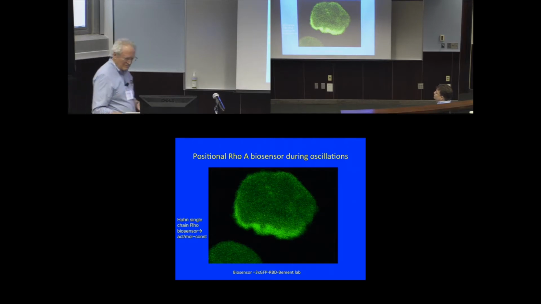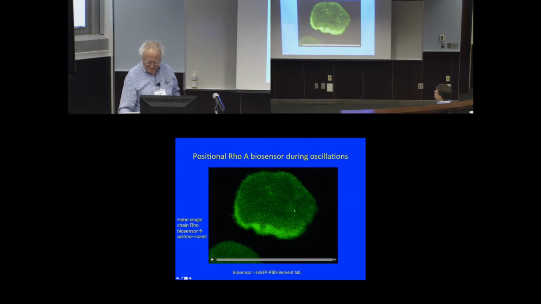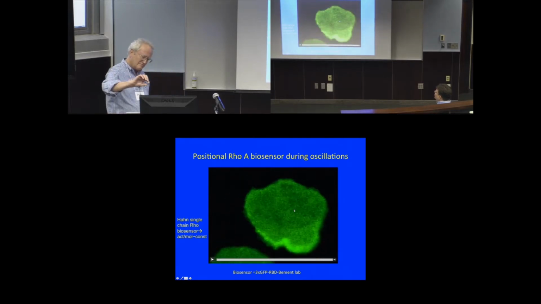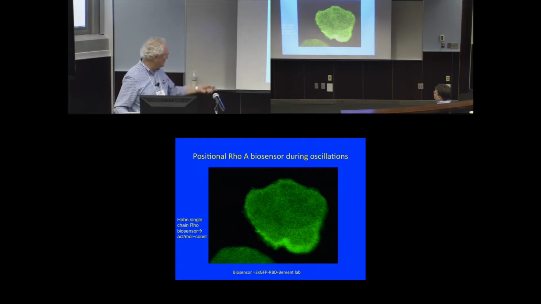Okay? And this is a very short movie, but you will see that the active Rho is at least accumulated in the folded regions. Whether it's increased in density, we can't say because we haven't done that comparison. But certainly there's active Rho in the region of heavy folding.